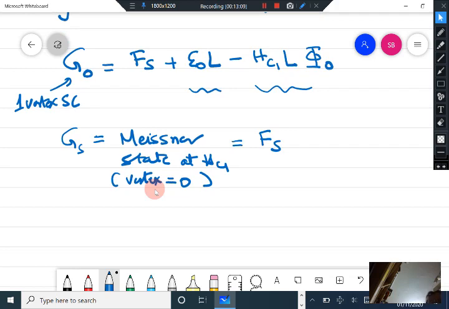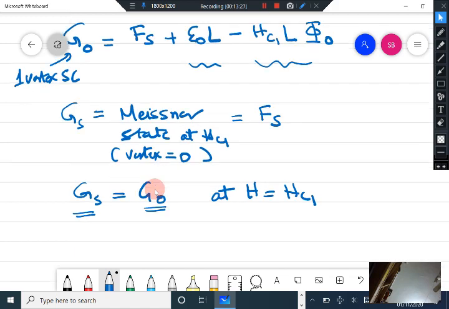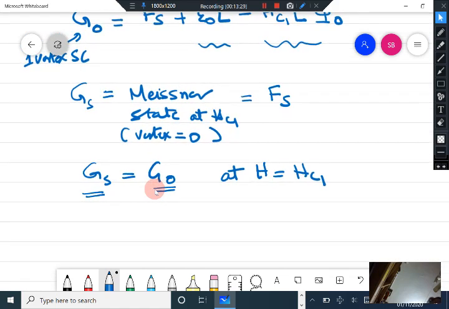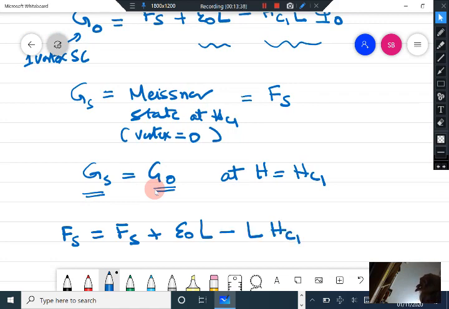So when you consider Gs equal to G0 at H equal to Hc1, that is the free energy difference between the superconductor with one vortex and a superconductor with no vortices, then you will get Fs equal to Fs plus epsilon naught times L minus L times Hc1 times phi naught.